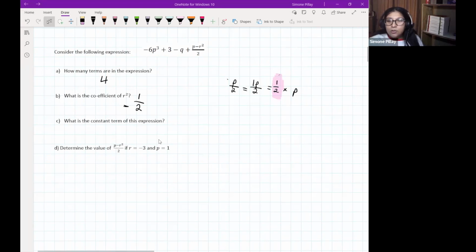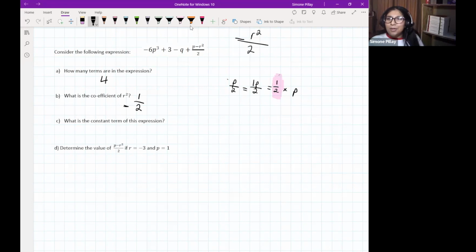Bree, you're asking where does the negative come from? Like I said, we're looking at r squared over here, so this is the term that r squared is in. If you look at the sign in front of r, it's a negative. And so really what's actually happening is we have negative r squared over 2, if I were to break it up.